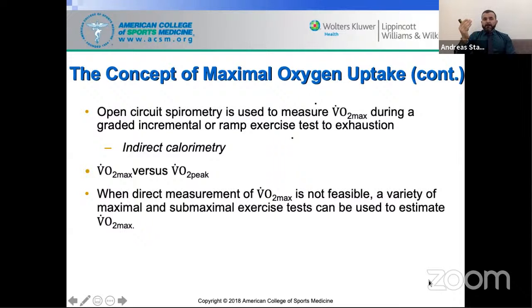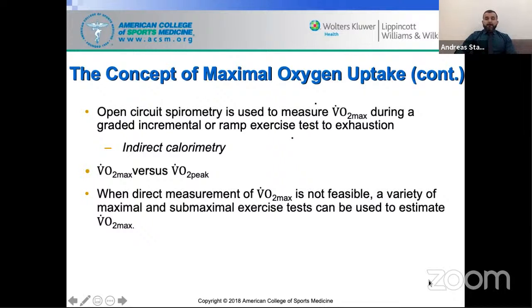Sometimes we were going for VO2 max, but we didn't do that, or we had a client, a patient, that shouldn't go all the way up to VO2 max. In general, we should go if we could, right? So sometimes we are trying to figure out the VO2 max based on the VO2 peak. That's what I wanted to say.